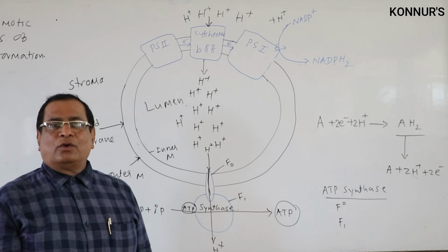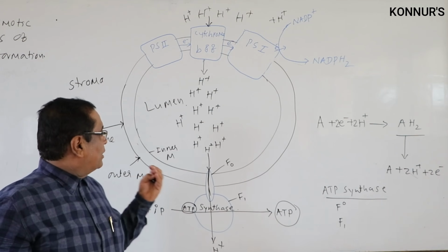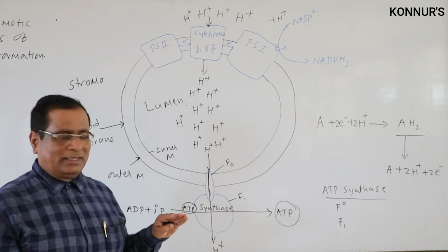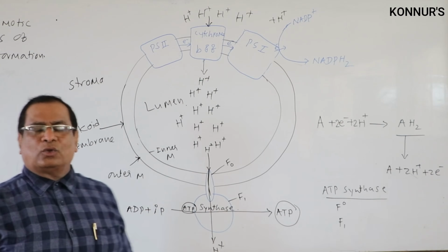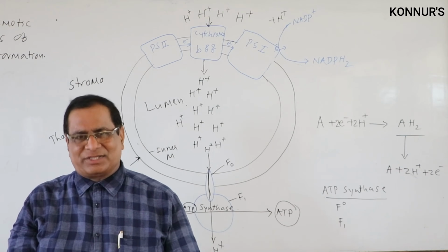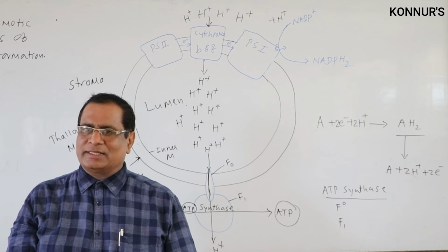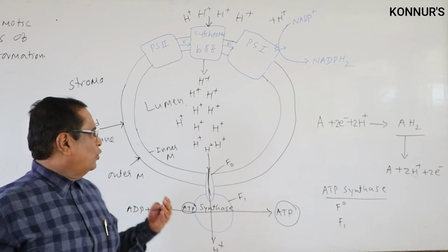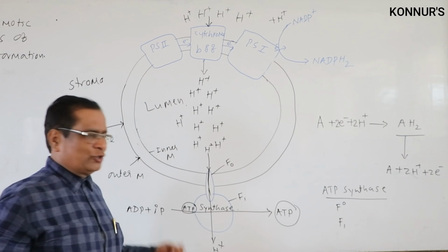Due to that, proton concentration in the lumen increases as compared to stroma, so that a proton gradient is created. It means more protons in the lumen and less in the stroma.